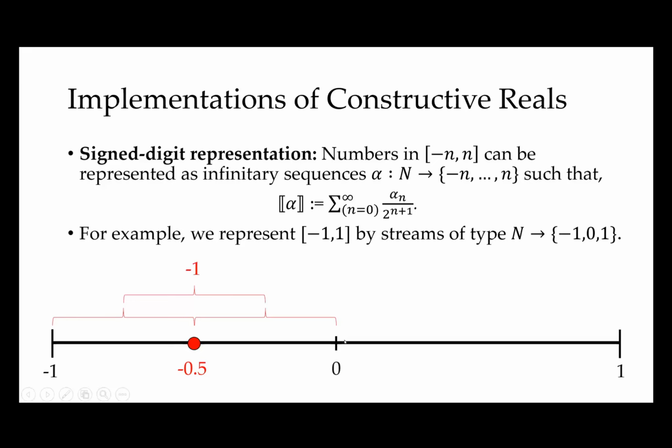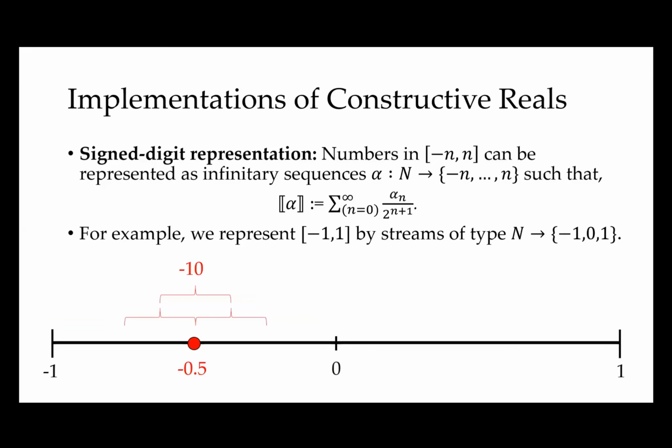I can still represent 0, as I said. It's a minus 1 followed by an infinite number of 1s, which you can see here. We've gone minus 1, but now if I go 1 an infinite number of times, I'm going to get to 0. And the center of this interval is minus 0.5. What I mean by the center is, if we put an infinite number of zeros after this, then we would obviously home in on the center of this interval. So that's a nice way of truncating this infinite process. Again, finitizing an infinite process.